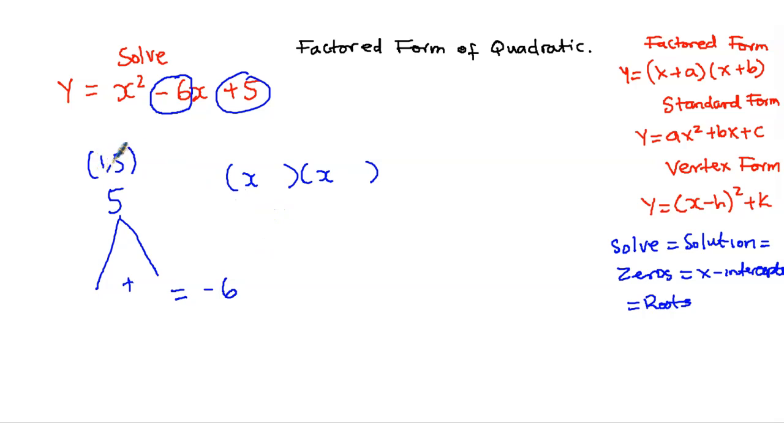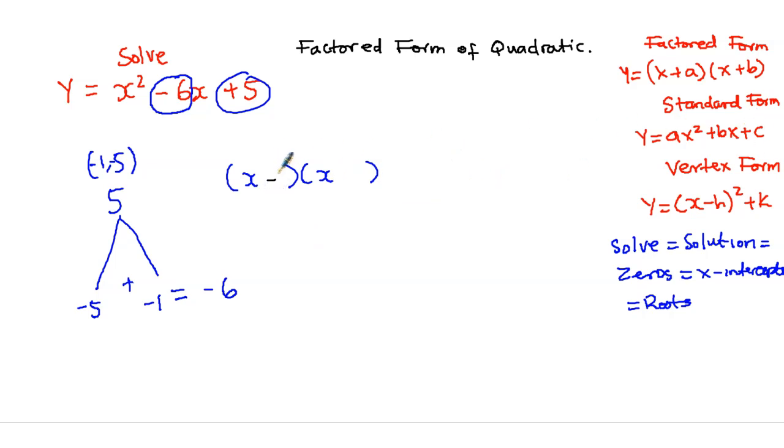Remember, positive times positive is positive, and negative times negative is also positive. So that means we can make them negative and negative. We can make it negative 5 and negative 1. When we multiply, it gives us 5, and when we add, it gives us negative 6. So these two numbers satisfy the condition.